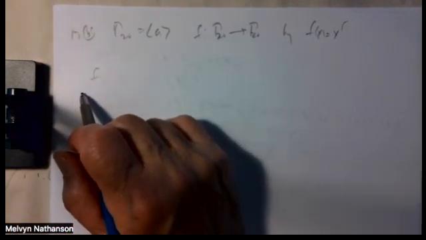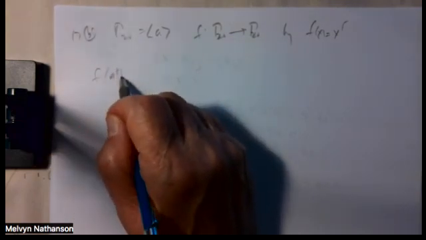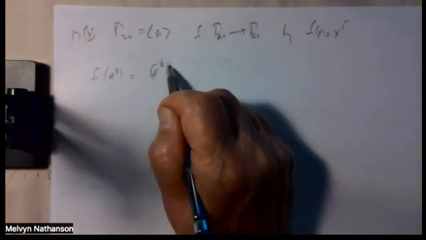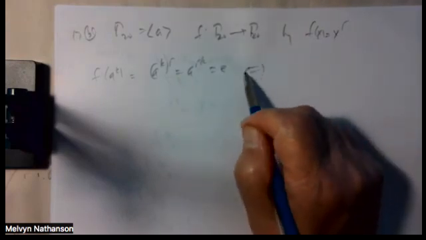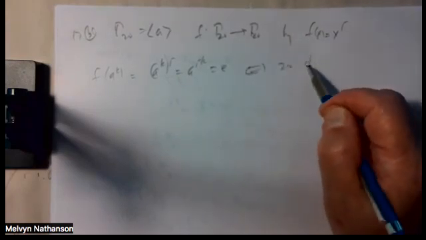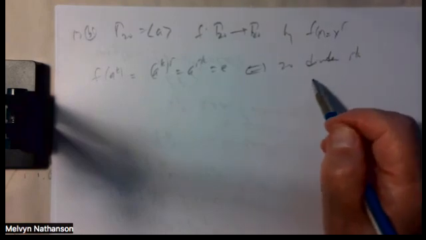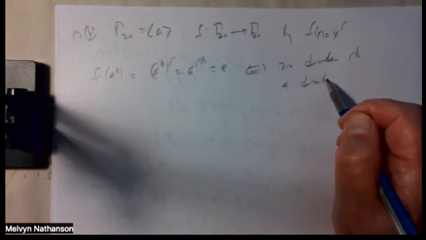So f of an element a to the k, which is a to the k to the 5th, or a to the 5k, this is equal to e if and only if 20 divides 5k, or dividing by 5, 4 divides k.